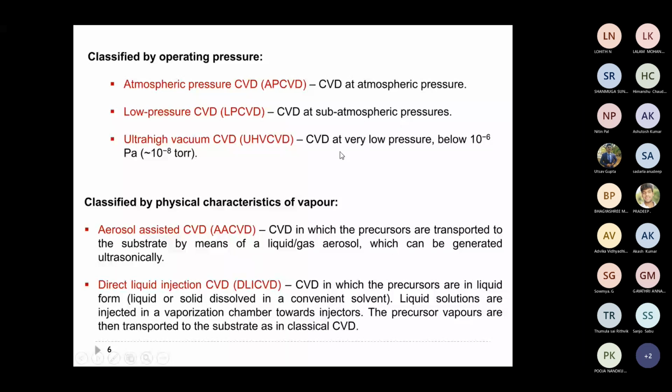And classified on the physical characteristics of the vapor, there is aerosol assisted CVD, where the inlet gas is purged in the form of an aerosol. And then there is direct liquid injection CVD, in which the precursors are liquid, or solid dissolved in a convenient solvent.